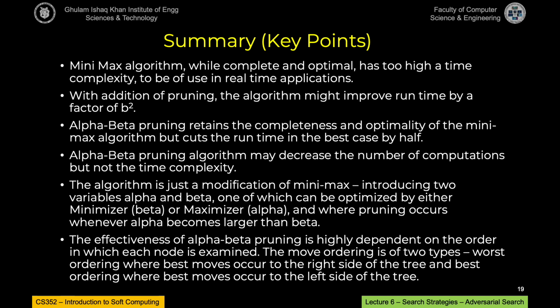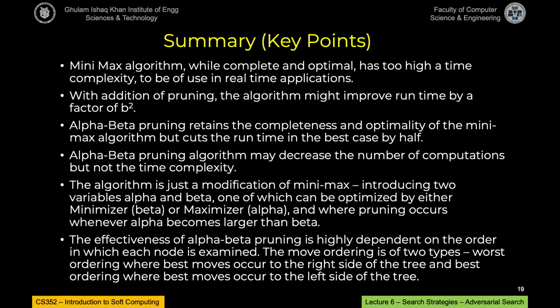Alpha beta pruning retains the completeness and optimality of the Minimax algorithm, but at the same time it cuts the runtime in the best case by half. Alpha beta pruning may decrease the number of computations, but note that the time complexity of the algorithm will not change. It will remain big O of b to the power m.